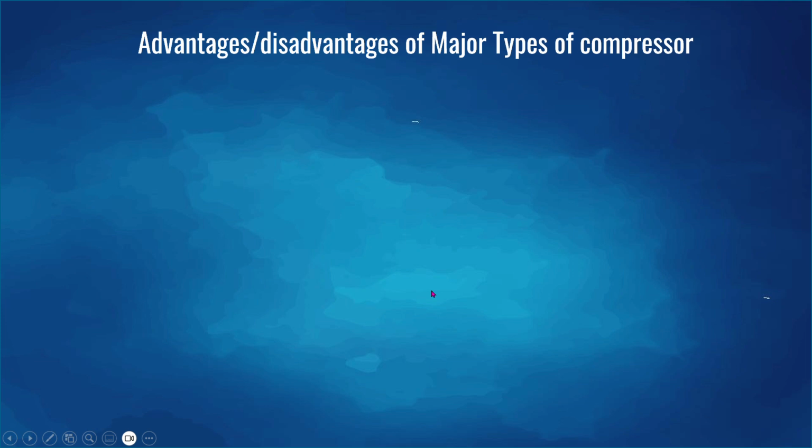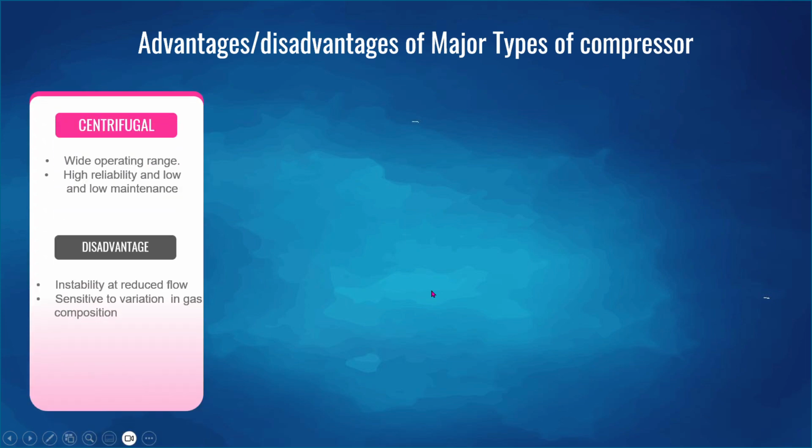So, advantages and disadvantages of the major types of compressor. This is a centrifugal compressor: wide range, high reliability and low maintenance. Reliability means there is no contact with the stationary part. That's why it is more reliable and low maintenance, but unstable at reduced flow. At reduced flow, there is a phenomenon called surging that we'll discuss in detail.